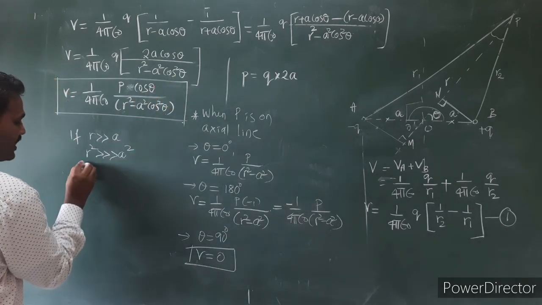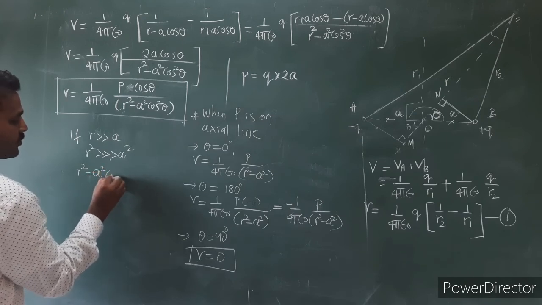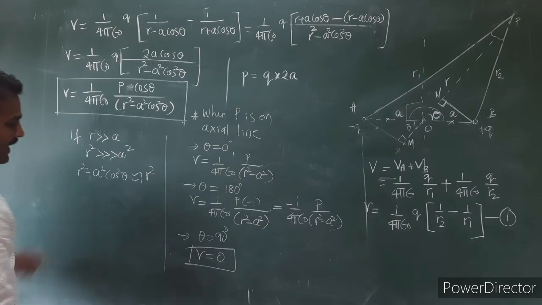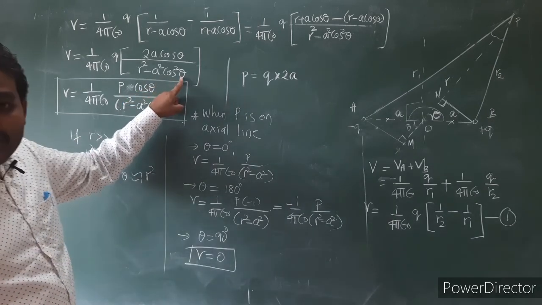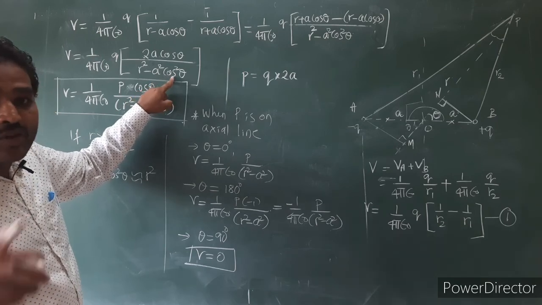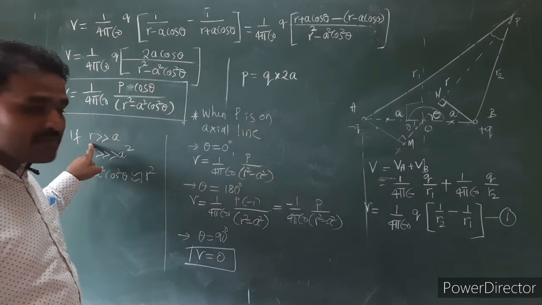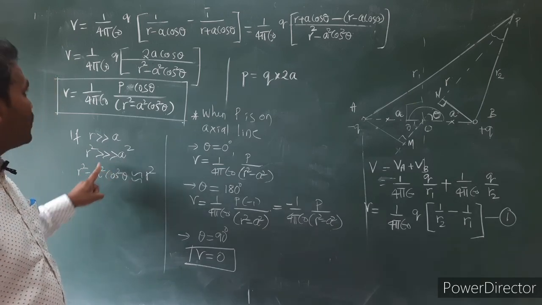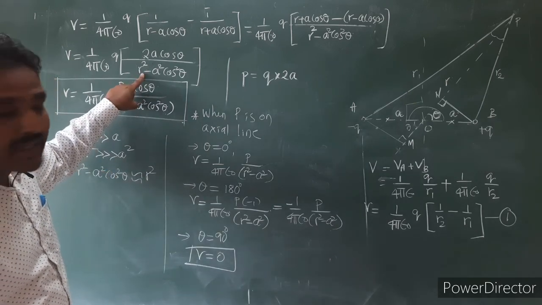So I can simply write R square minus A square cos square theta is nearly equal to R square. I can neglect this A square cos square theta. So the maximum value of A square cos square theta is A square. Since R is much greater than A, R square will be much greater than A square. So I can simply replace this denominator by R square.